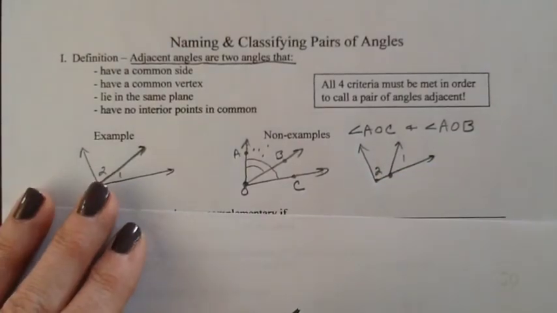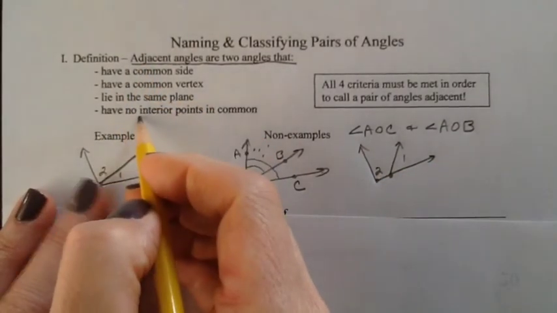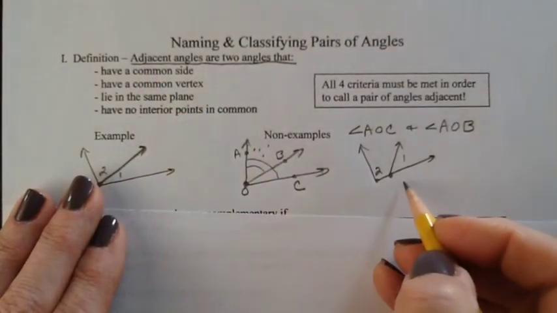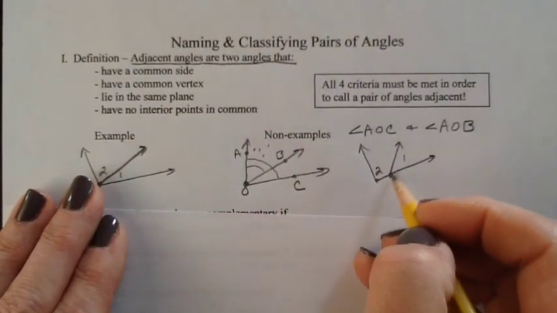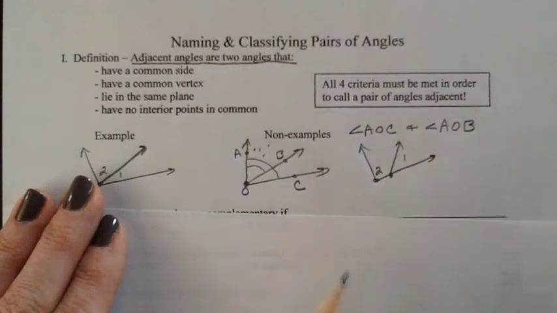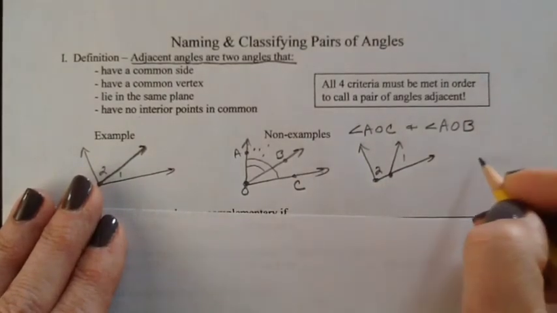These are not adjacent angles. Which of the four does this break? They do not have a common vertex. Therefore, they're not adjacent angles.